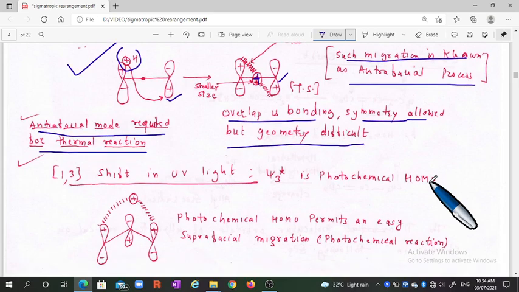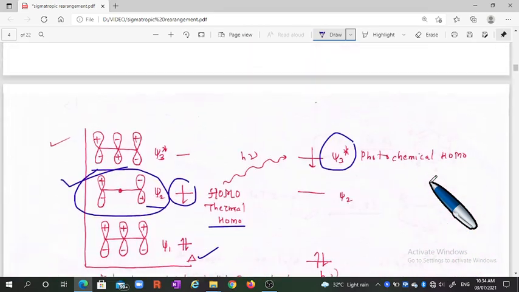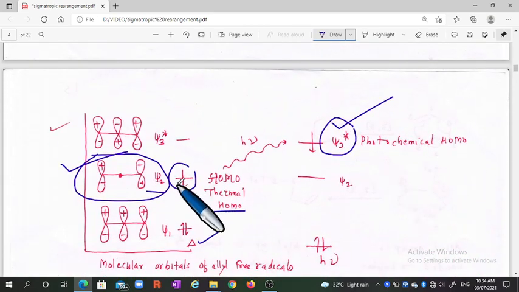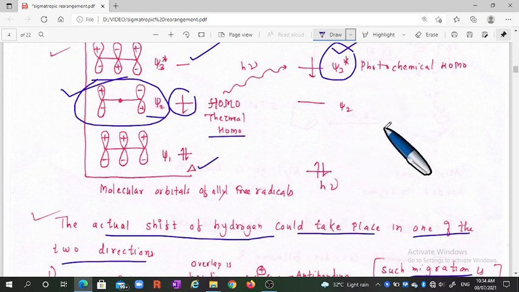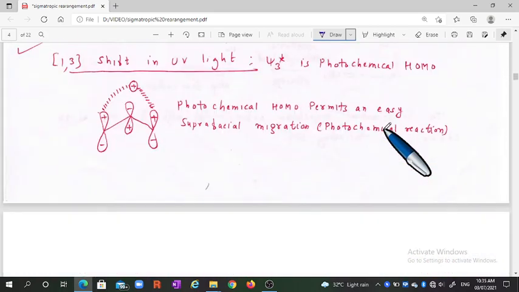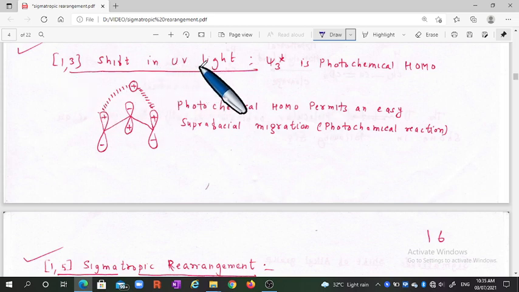Let us discuss photochemically. For photochemical conditions, the electron is promoted from psi 2 to psi 3 star, from non-bonding to antibonding molecular orbital. Therefore, for the photochemical process, psi 3 star is our HOMO. Let us consider this HOMO. This is the 1,3 shift in UV light.